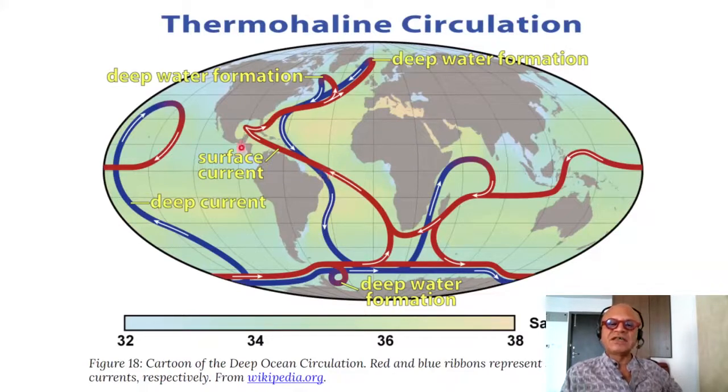And I said the ITCZ is to the north because ocean is moving energy to the north, and the ITCZ is to the north as an energy equator. It's moving energy across the equator to the south to balance the energy that's being brought to the north by the ocean.